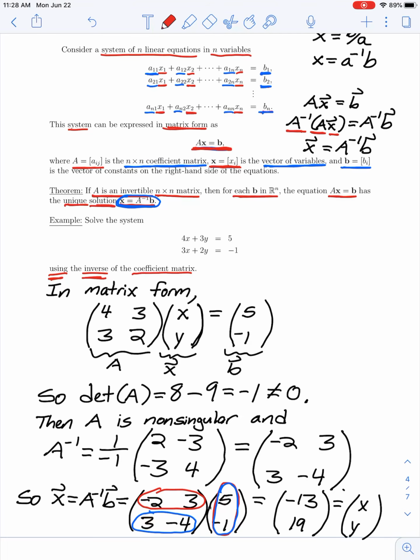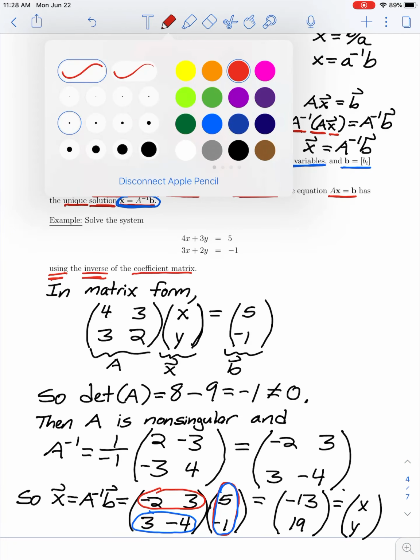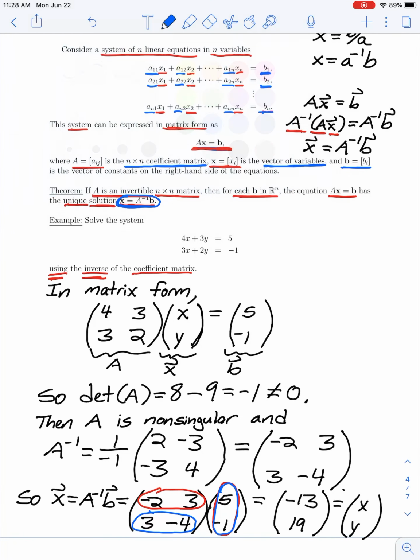But another reason that we might want to use the inverse is, let's say that we had this exact same system of equations, but I changed my constants on the right-hand side. Let's say instead of 5 and -1, I had 7 and -20.